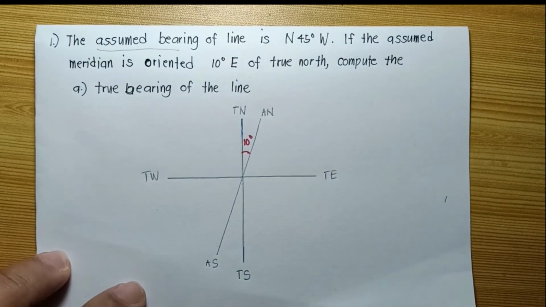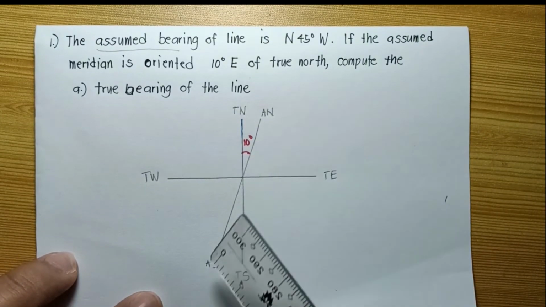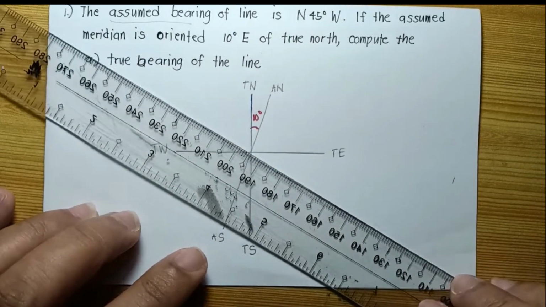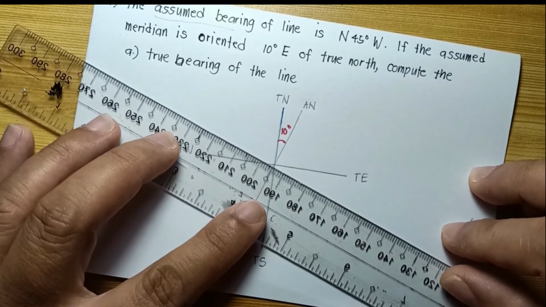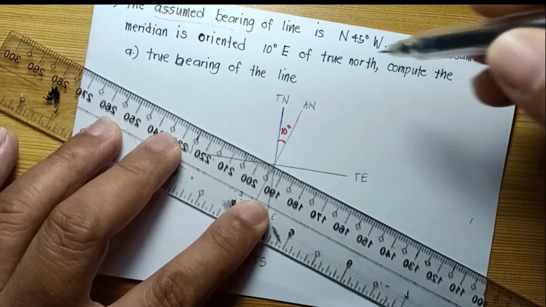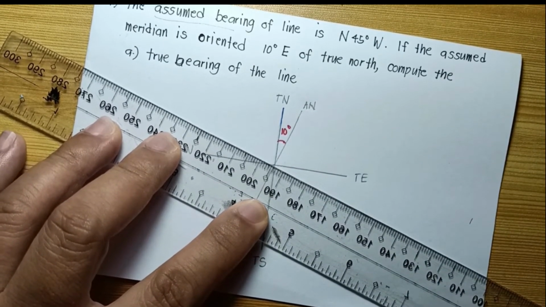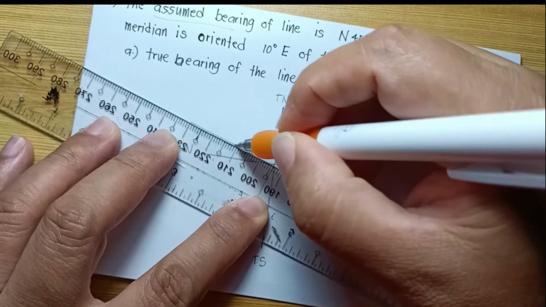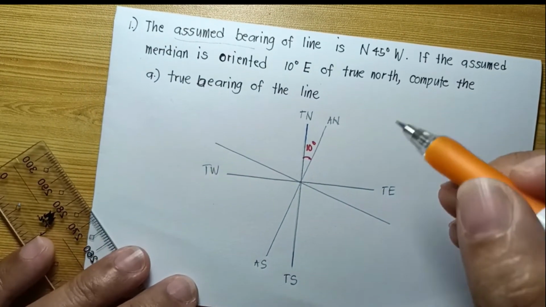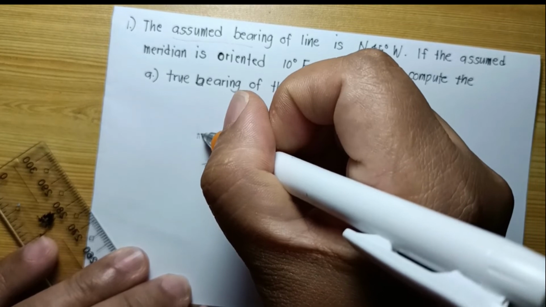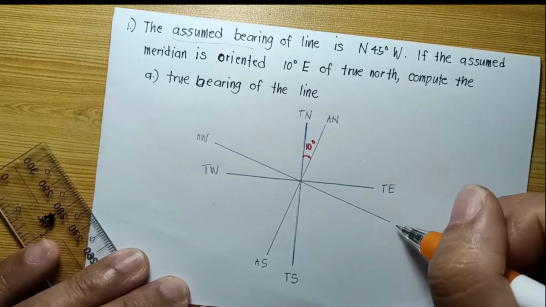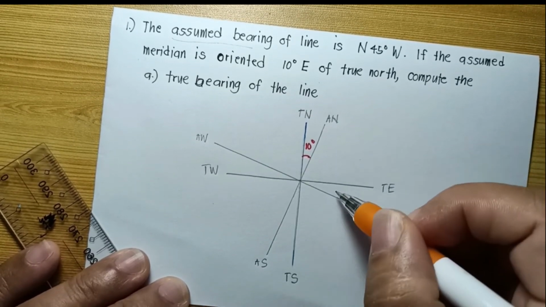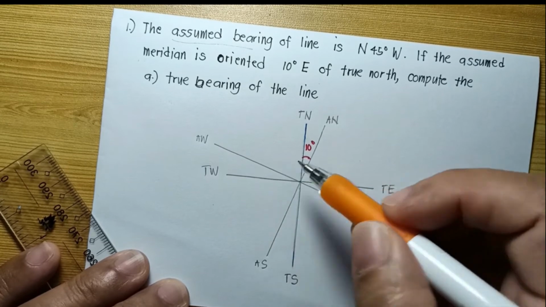Okay, so if this is your north and south, the line that is perpendicular to that line, we will call the assumed east and assumed west. Okay, so this is your assumed west, and this branch is assumed east. Of course, the angle between here is also 10 degrees.